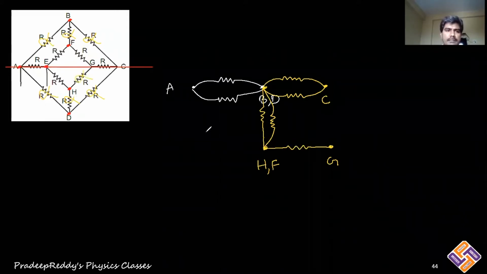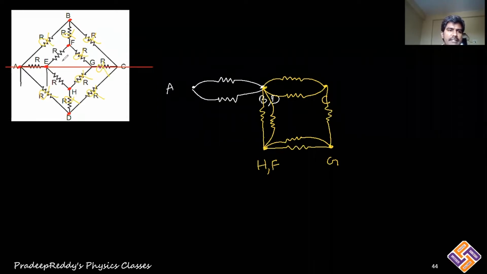I have cancelled that. And between F and G, there is one resistor. I have cancelled that. And how many resistors are still left over? Between C and G, there is one resistor. This one is also completed.